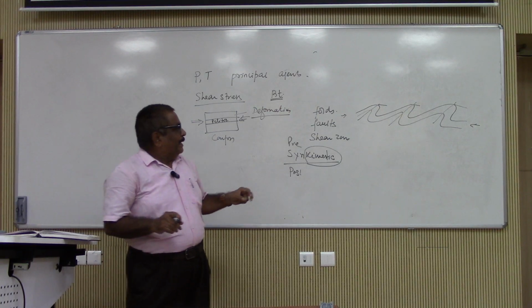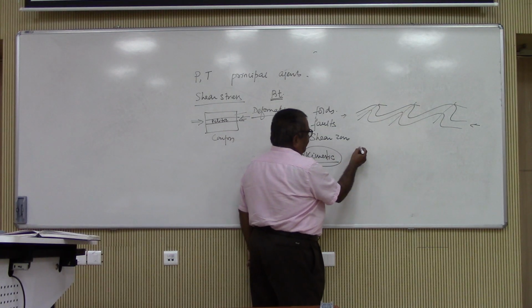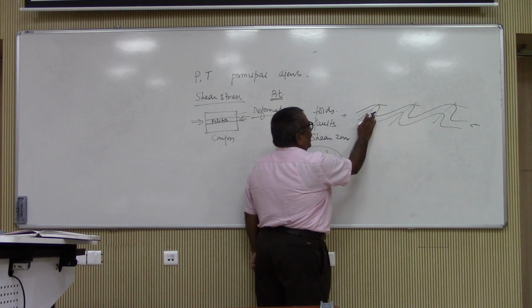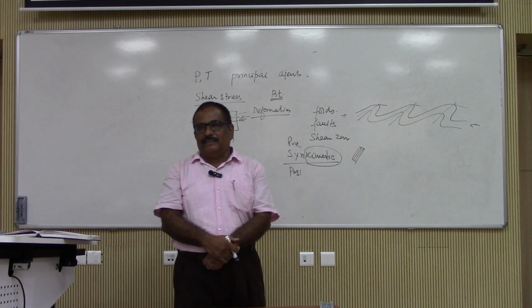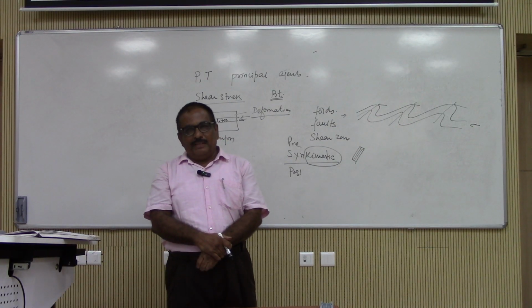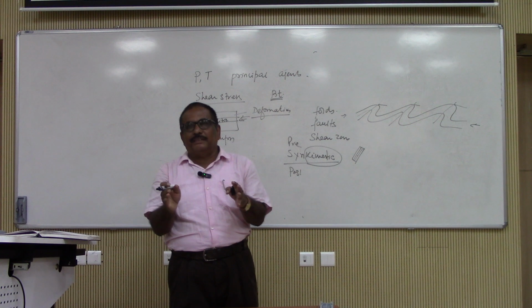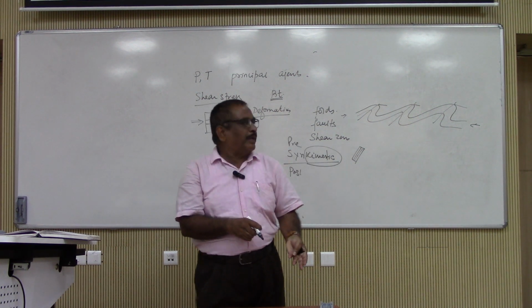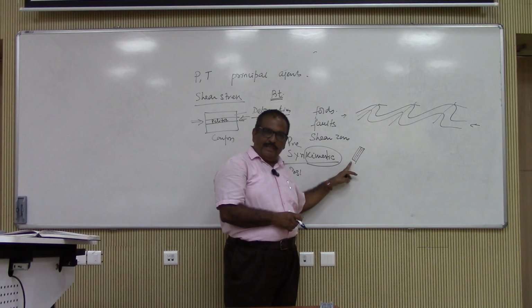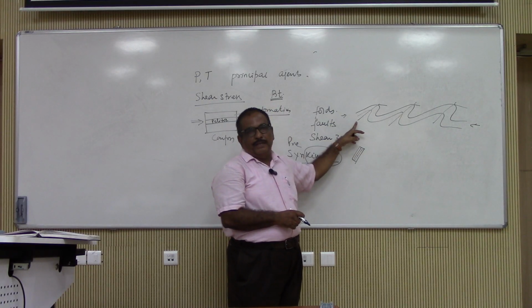So if a biotite grain is flaky, like this, and it grows along with this folding, folding is happening, plus biotite is growing. Did you understand my point? That means in kinematic, folding is happening plus recrystallization is happening. Biotite is recrystallizing, plus folding is happening.